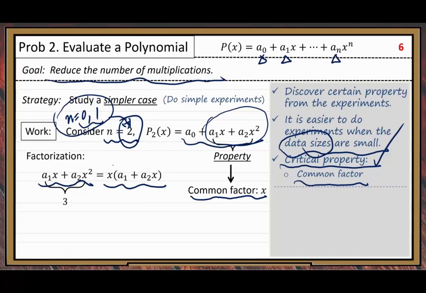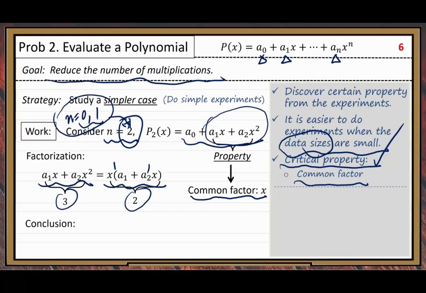X times this parenthesis, 1 multiplication. Inside the parenthesis, A1, no multiplication. A2 times X, that's your second multiplication. So you add them up, you have 2 multiplications. You see the difference? From 3 on the left-hand side form to 2 using the right-hand side form. That's the improvement.